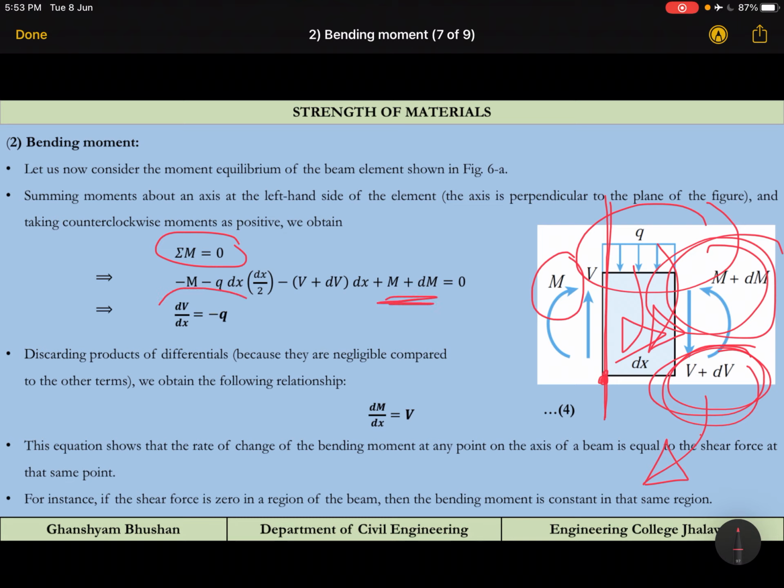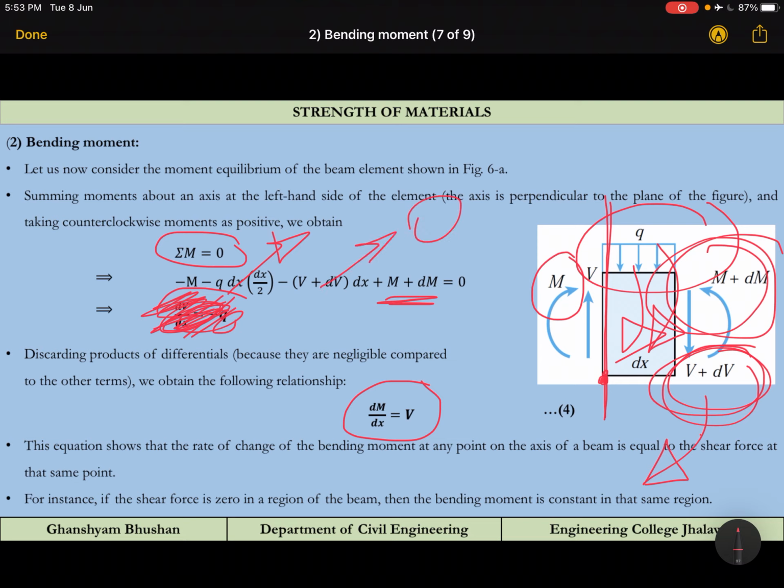So after solving this, you will be seeing dM by dx as V. If we are neglecting q into dx square by 2, so this we will neglect. dV into dx also we will neglect.